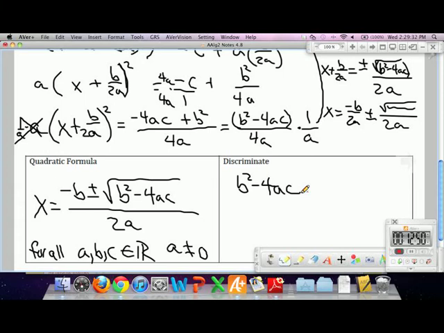If the discriminant is greater than 0, then there are 2 real solutions.